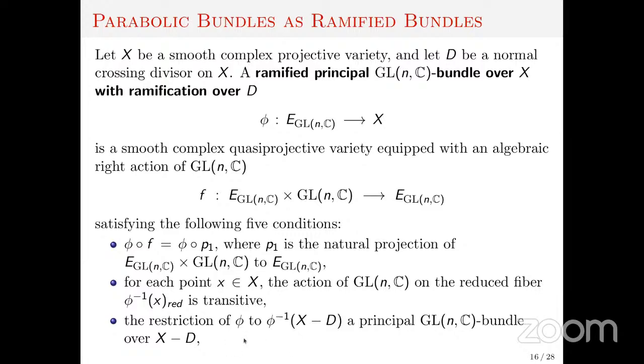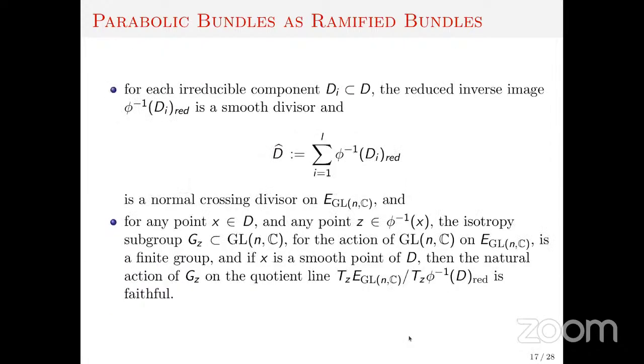And this is sort of a principal bundle outside D. So the restriction of phi over X minus D is a principal GL_N(C) bundle over X minus D. And for each irreducible component D_i of the SNC divisor D, the reduced inverse image is a smooth divisor, which you can write as phi inverse of D_i, where this is a normal crossing divisor on the total space E_GL_N(C).